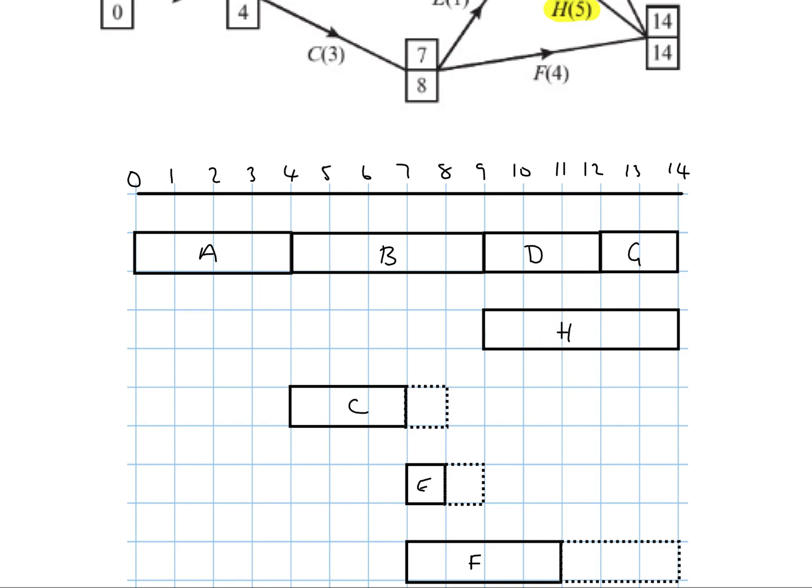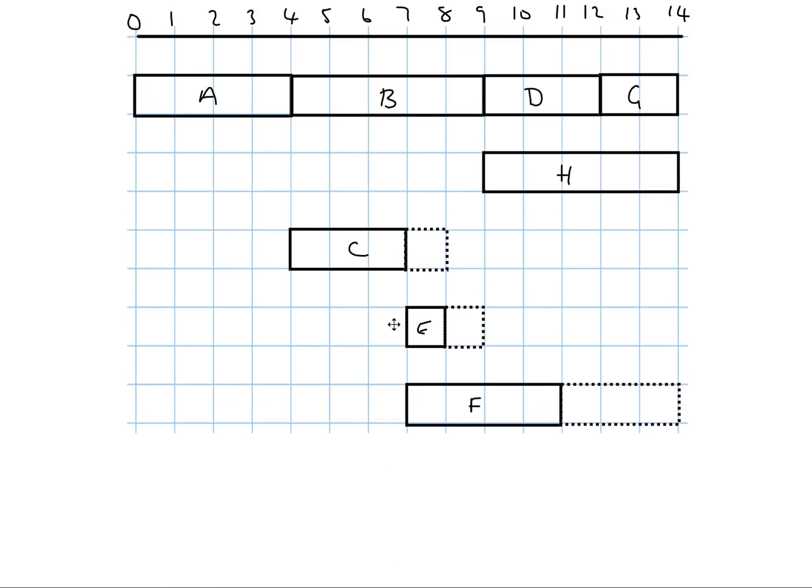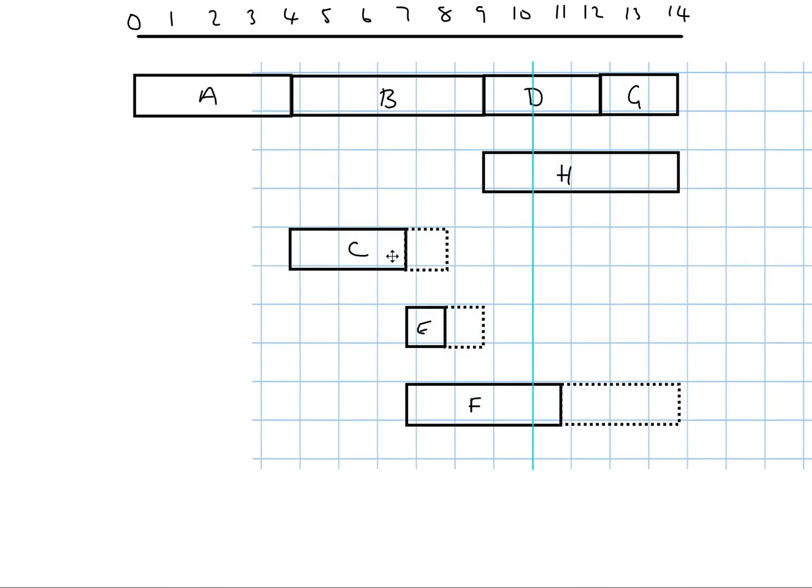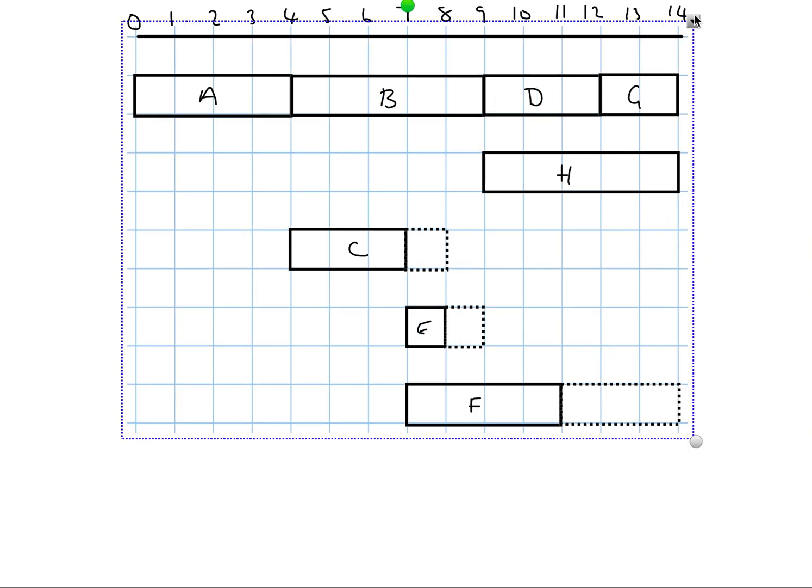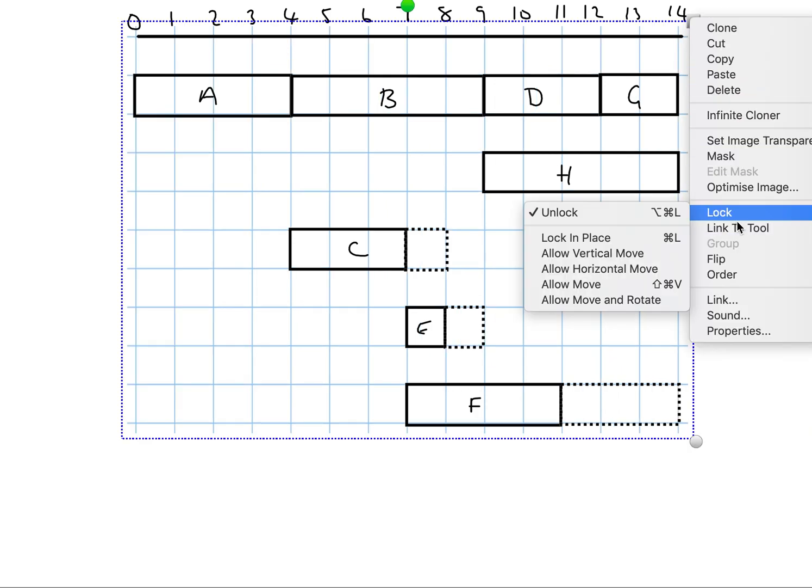You could, and it doesn't really matter if you do this or you don't, but I tend to put H or extra critical activities near the top so I don't forget about them. I'm just going to lock that in place because I keep picking it up by accident.